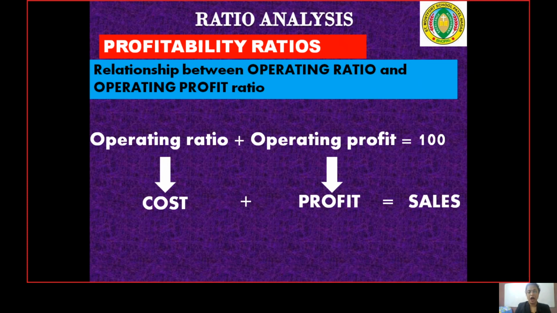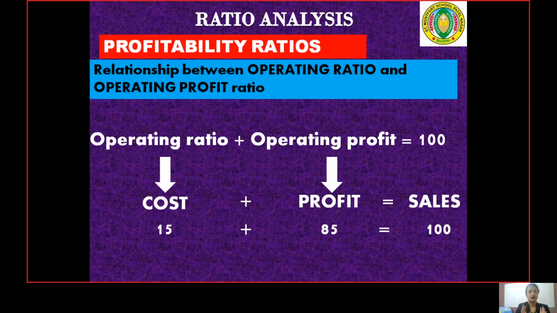Let us see how. Suppose my operating ratio is 15 and my operating profit ratio is 85, hence my sales will be 100. I'll give you one more example. Suppose my operating ratio is 20 and my sales is 100, then my operating profit will be 80.